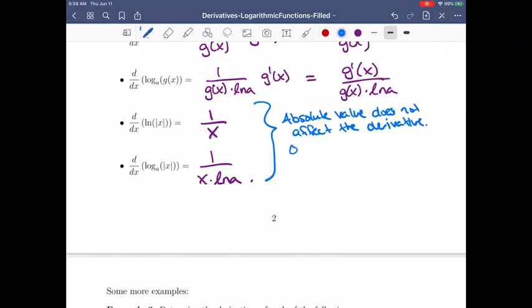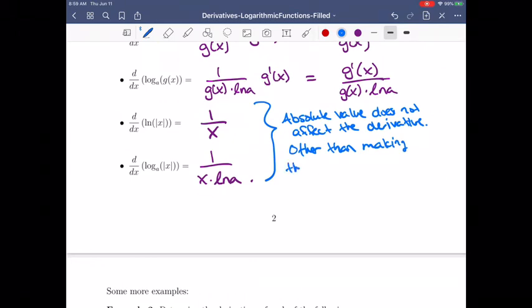All it does is make the function valid for more x values.